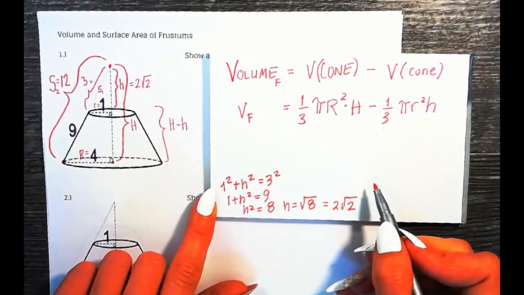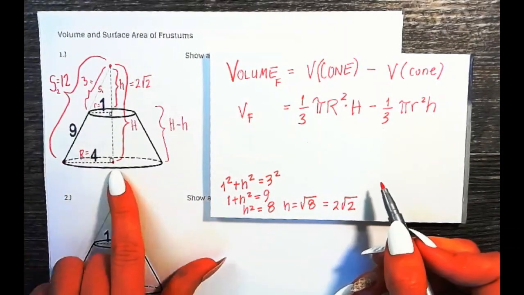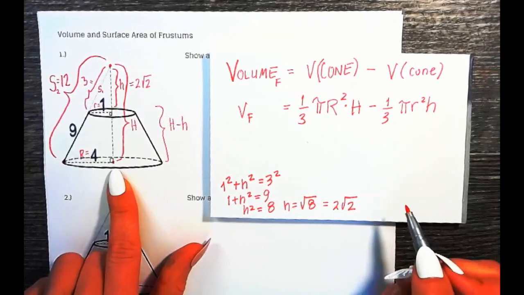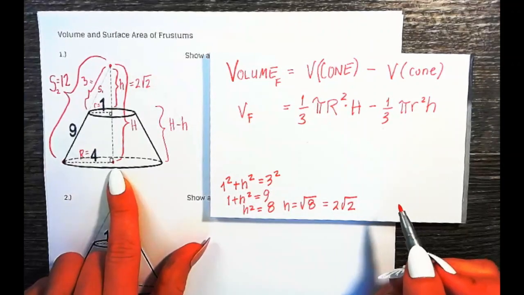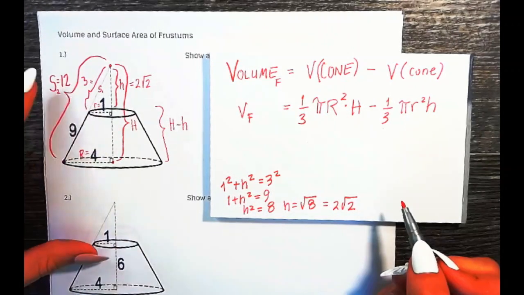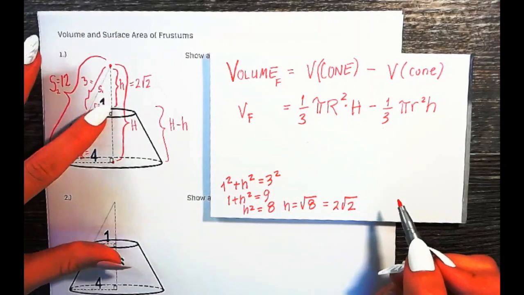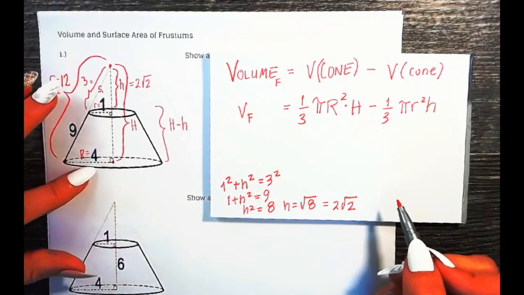For the larger one, there's a few ways that you could go about this. While you could do the Pythagorean theorem all over again, we did learn a trick when we first learned Pythagorean theorem that could prove quite helpful. Here, this leg is 1, this is 4.